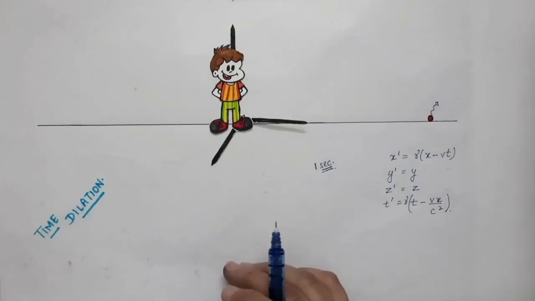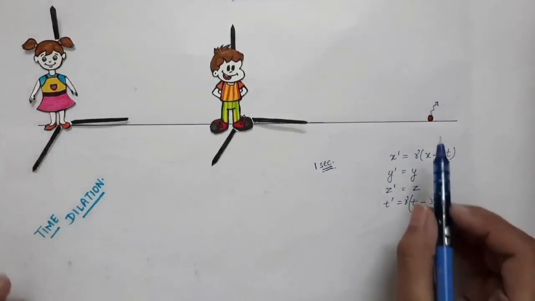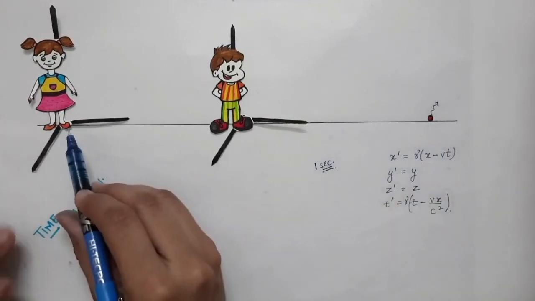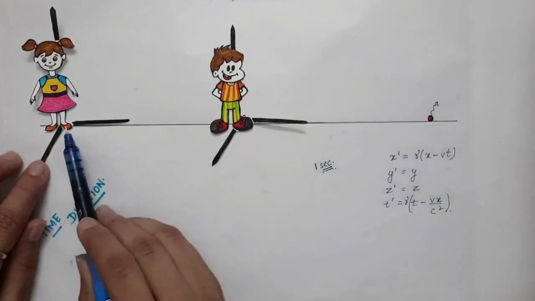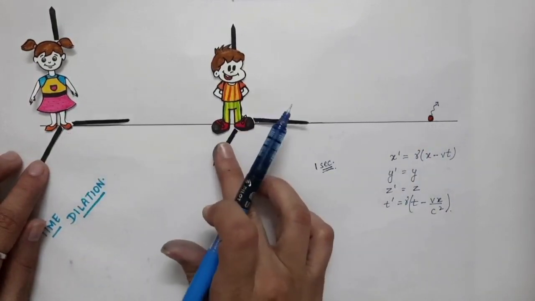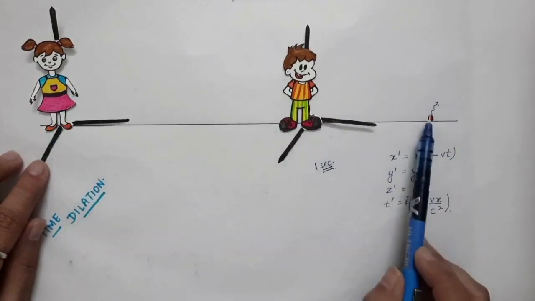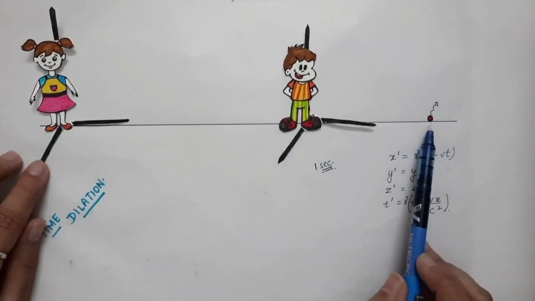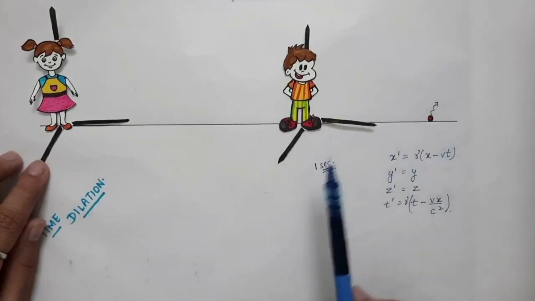But with respect to you, when the source is at rest with respect to you, means two events are occurring at the same points with respect to you, and your friend is moving with velocity v in this direction. So according to you, these two events are occurring at the same point, and according to you, let's say the time difference between the two photons which are emitted is equal to 1 second.